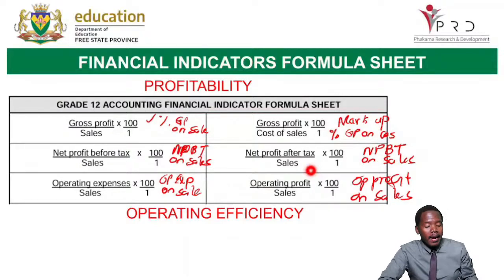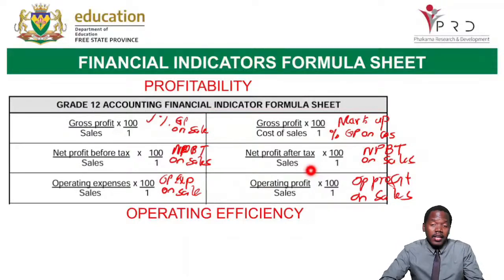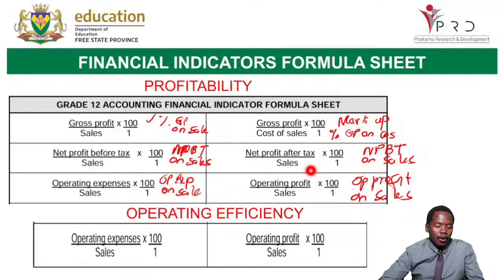Now, when they say comment on operating efficiency, there are two financial indicators to quote. That will be your operating expenses on sales and your operating profit on sales. So, when they say comment or calculate indicators under operating efficiency, these are the two.